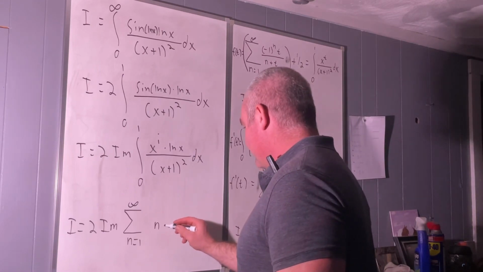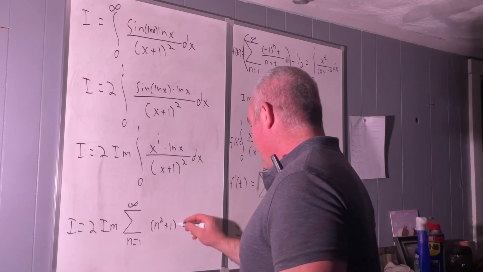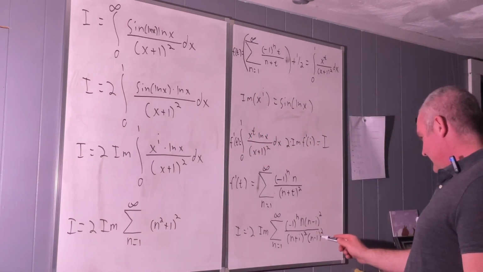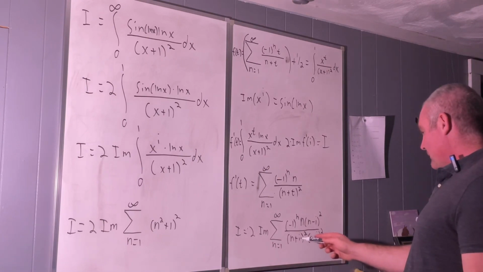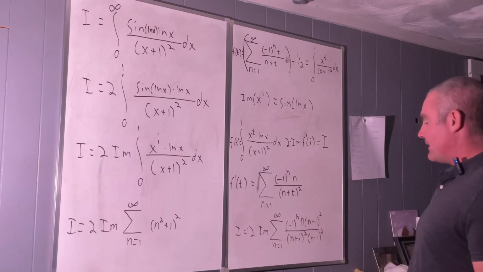That will be our denominator. N squared plus 1 all squared, right? N squared plus ni minus ni minus I squared, but that would just be plus 1, and then all that's squared.